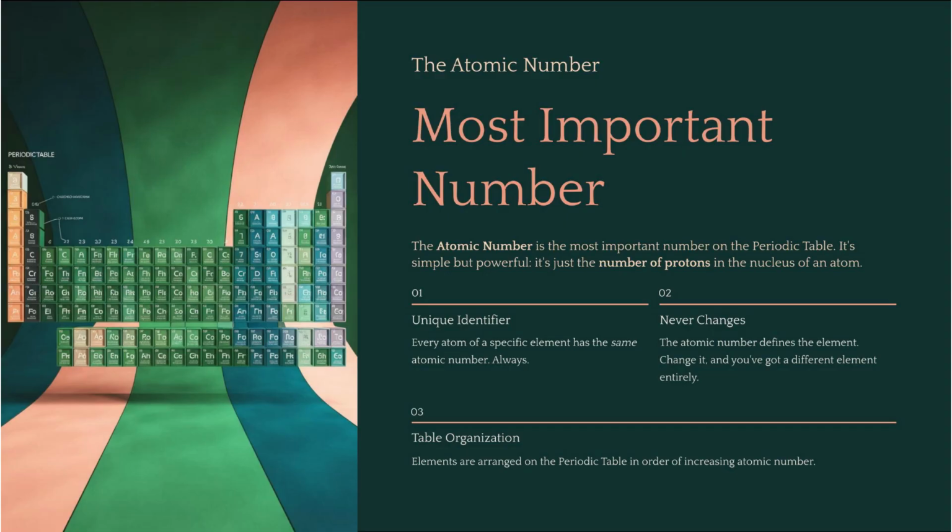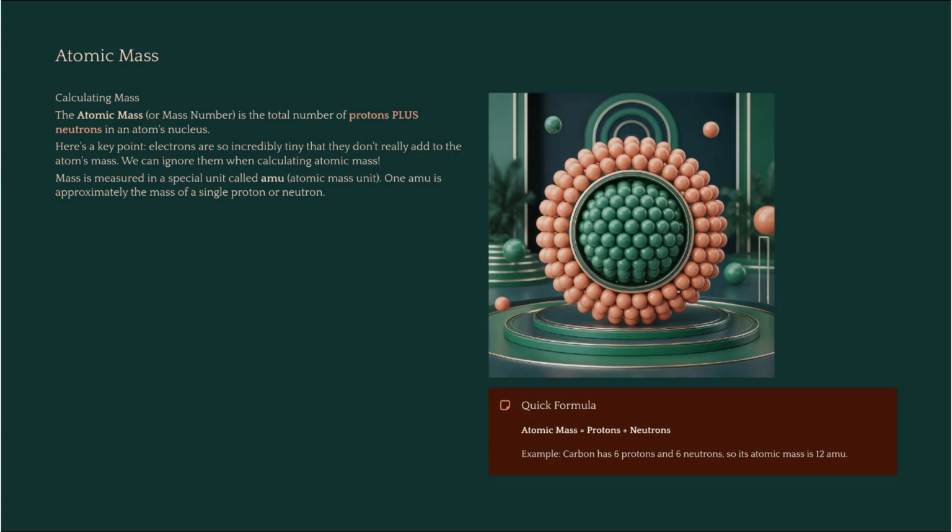It's the element's DNA. While the atomic number tells us who the atom is, the atomic mass tells us how heavy it is. Since protons and neutrons are much heavier than electrons, we calculate the mass by simply adding up the number of protons plus the number of neutrons in the nucleus.